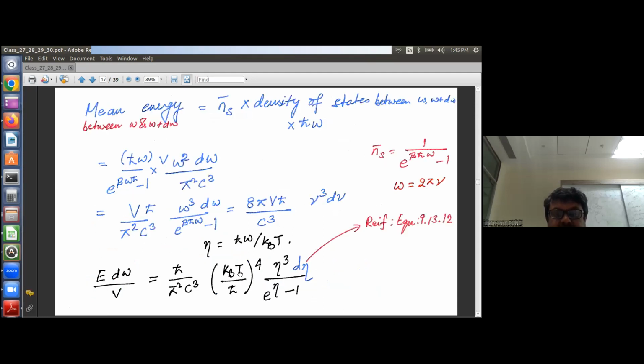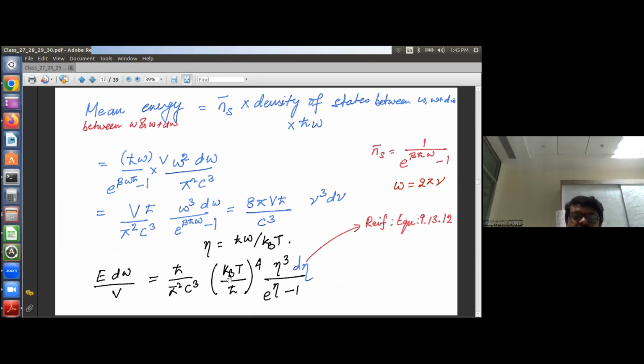All the other things, when you substitute here, because you had omega cube sitting here, and d omega, you essentially get from omega cube. So omega equal to eta kbt upon h cross.